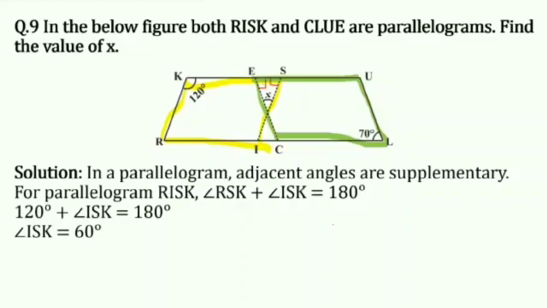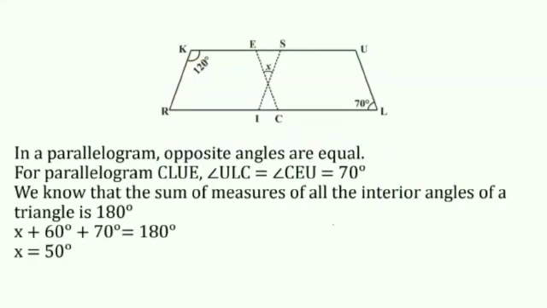So let me show you in the next slide. Let's see over here. Here we have already done this angle S. Now we are going to take into consideration this one.